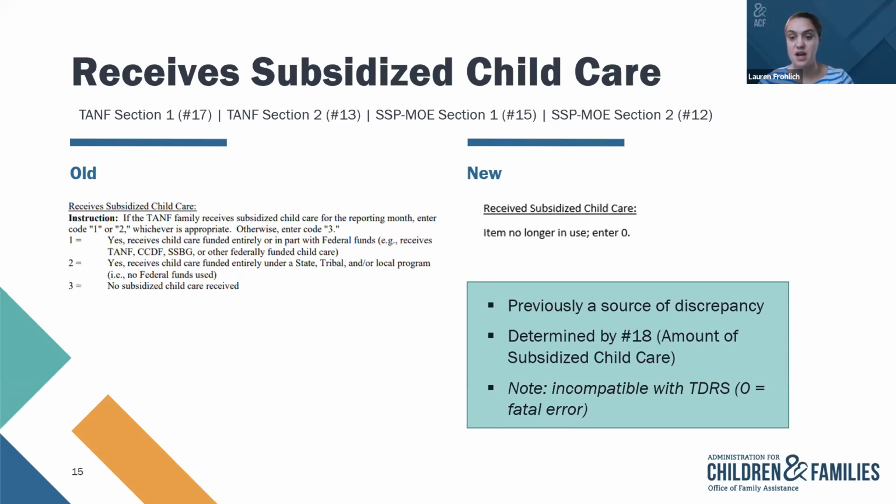We did want to flag this because this is one area where entering 0 for item no longer in use would currently cause a fatal error in the TDRS system.